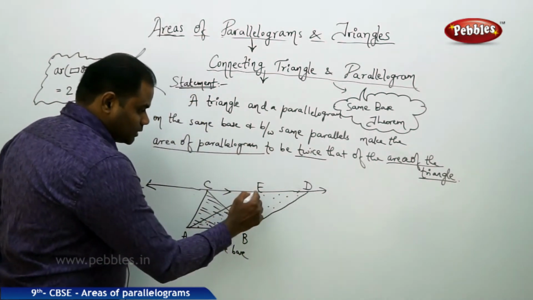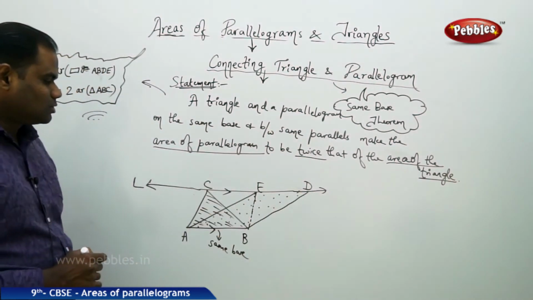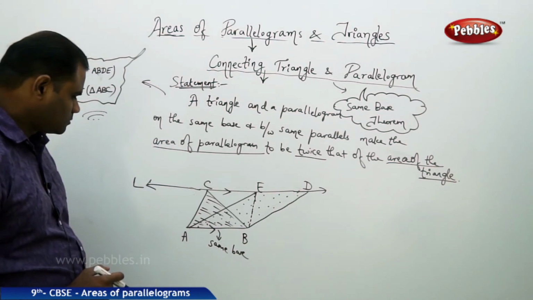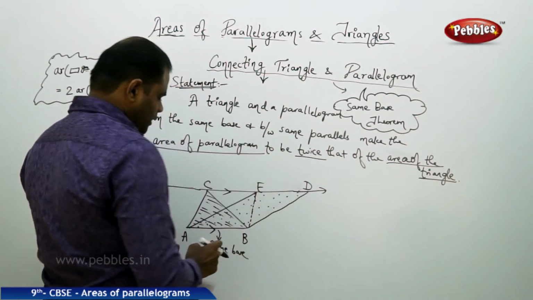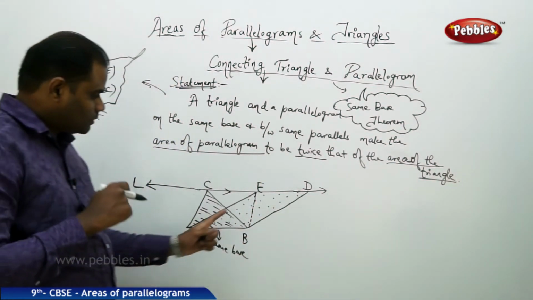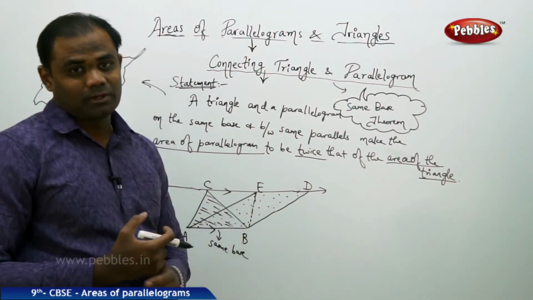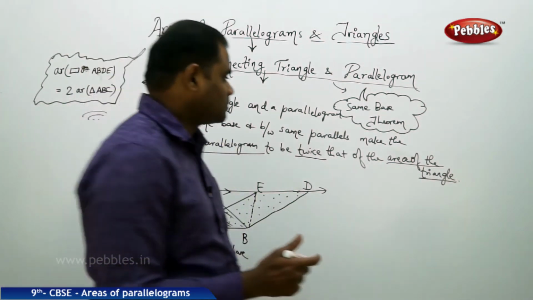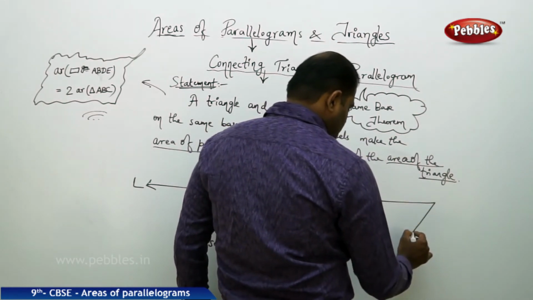Say, for example, I join the diagonal BE. So here I observe that there are two triangles formed by the diagonal, and we know that the two triangles are congruent in the case of a parallelogram. A diagonal makes the two triangles congruent in a parallelogram, as we learnt in the previous sessions.